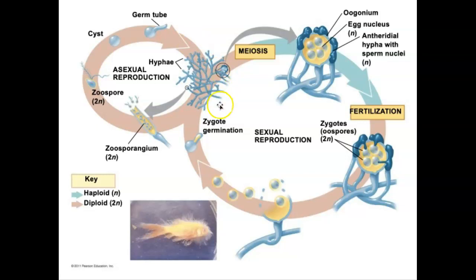If they're going to go sexual, they produce different reproductive structures, eggs and then the oospores. Those guys will fertilize, create the diploid, the 2N structure, and then that's going to produce these little zygotes that will then germinate, develop the hyphae. The key though is when you're producing sperm and egg and they fuse, you're changing genetic combinations, creating new genetic diversity.